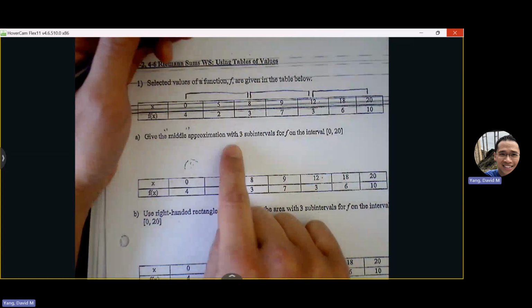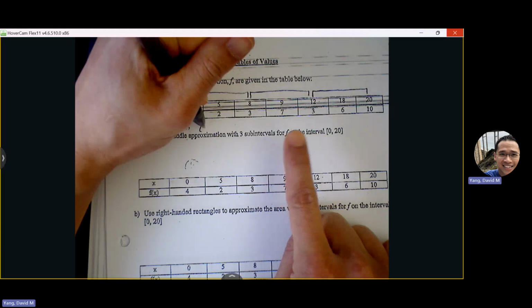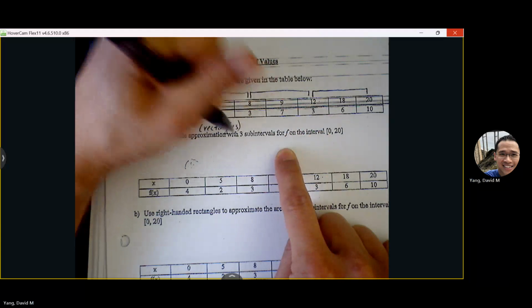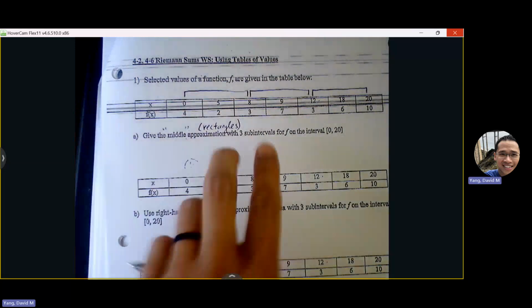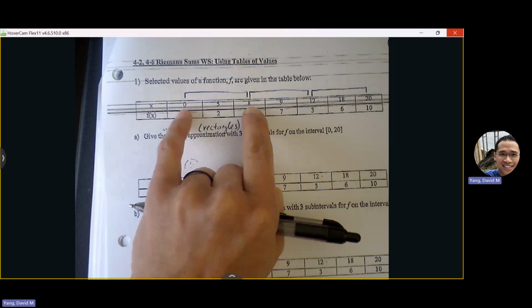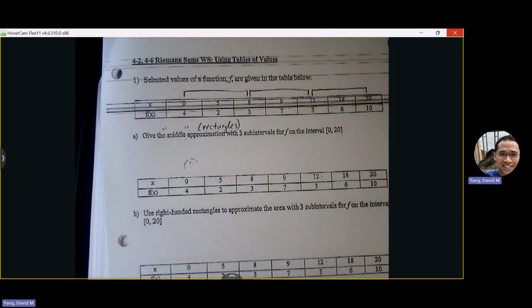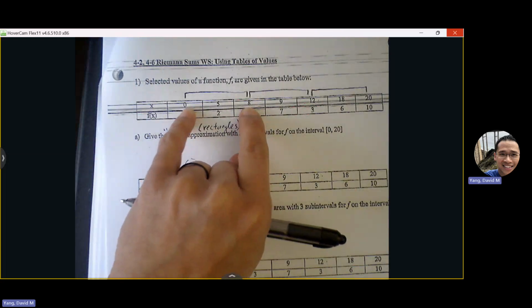Now, we're talking about middle rectangles here. This is middle Riemann sums. So rectangle is width times height. So to find the width, you're going to be subtracting the distance between your first and your last endpoint. In this case, the 5, the 9, and 18 is not going to play a role for us. So 8 minus 0 is going to be the width of my first rectangle. So 8 minus 0 equals what? 8.